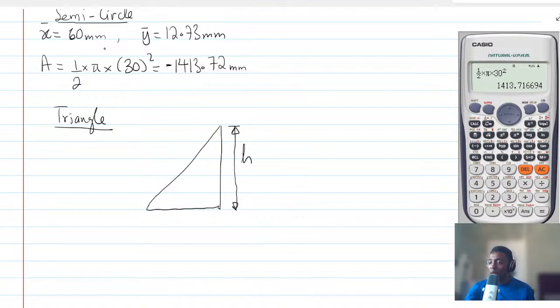Basically, the centroid of the triangle will always be 1/3 of the height. That's all. So it's going to be 1/3 of the height.